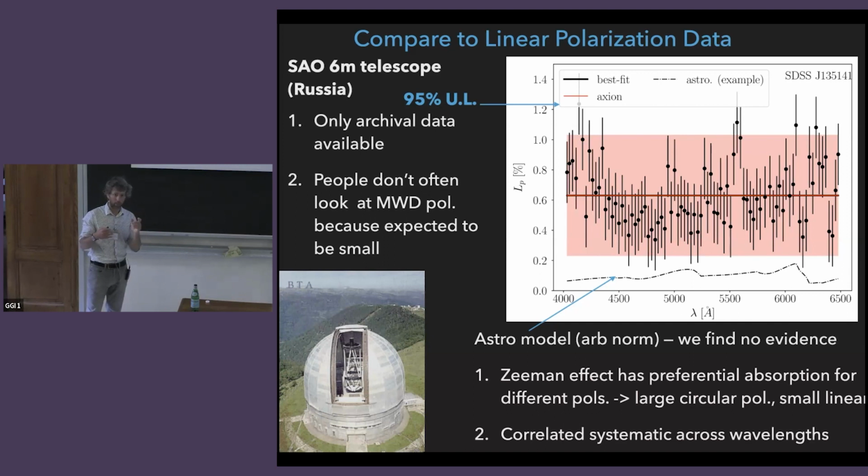So some polarizations will be preferentially absorbed by hydrogen, and that can induce at some level linear polarization. We can predict the spectral shape of this, but we can't predict the magnitude because that depends on the depth of the atmosphere. But we expect it to be much smaller than what's shown here. So we profile over a functional form like what's shown here, but we find no evidence for that in our messy data set.